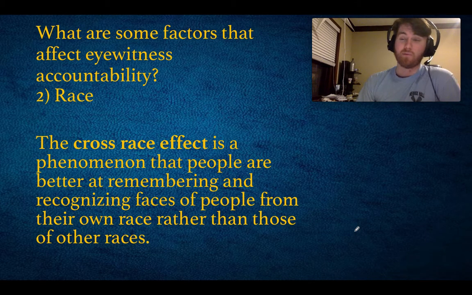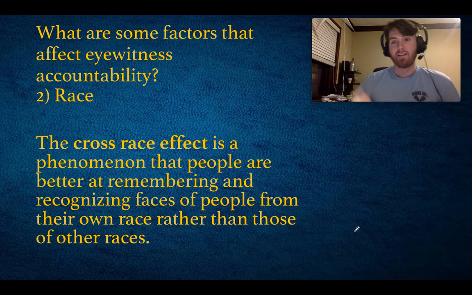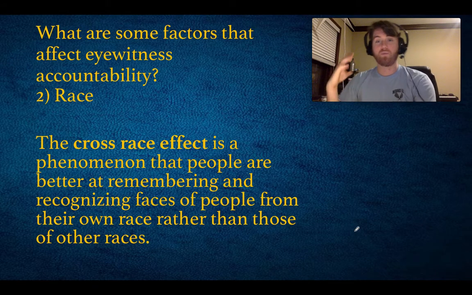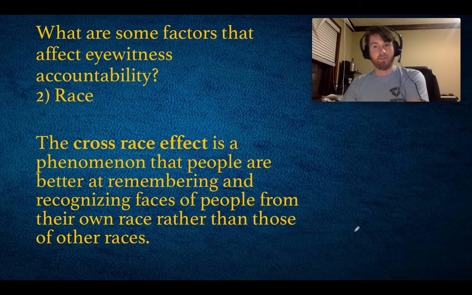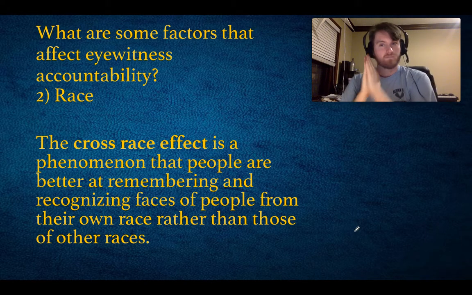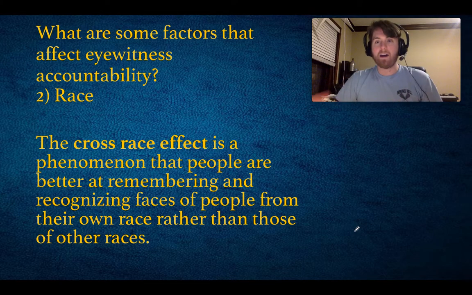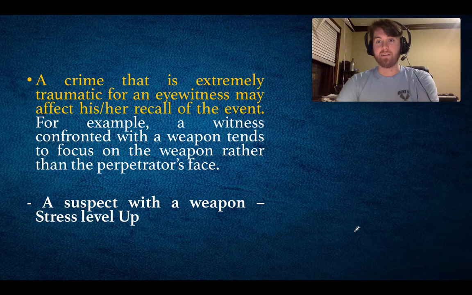Secondly is going to be race, and we're talking specifically about what is called the cross-race effect. You are more likely to be able to remember someone from your own race than from others. Again, I'll take a 28-year-old, fine, male, Caucasian, doesn't matter, person: you are going to be the most likely to be able to tell that eyewitness.